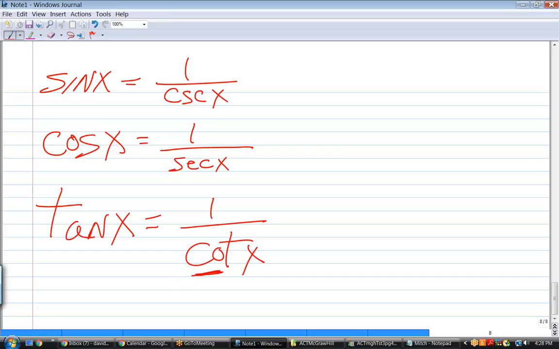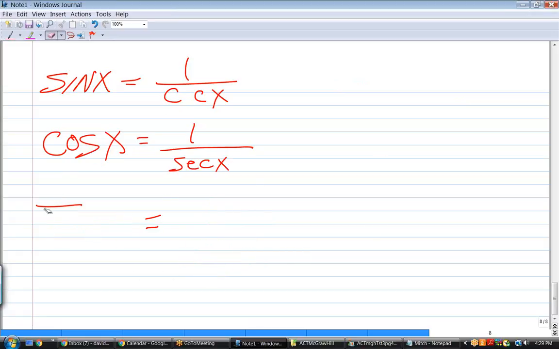There's the co for the bottom one, there's the co for the middle one, and there's the co for the top one. One and only 1 co. Okay. So what's the cosecant x equal to? 1 over sine. Yeah, so these 3 here, you don't have to memorize. The only ones you really have to memorize are these 3, and you've got all 6 of them memorized.